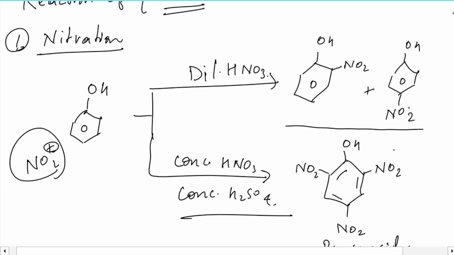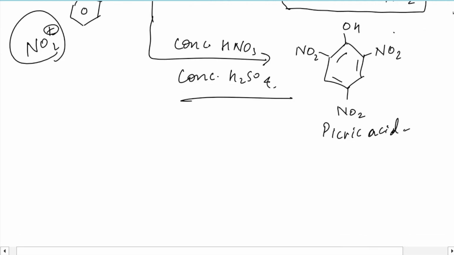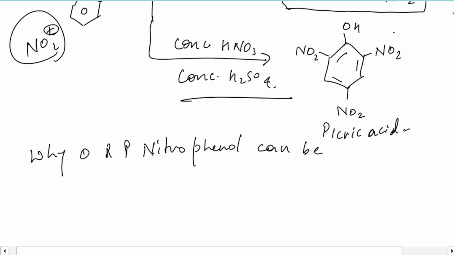how can you separate ortho and para isomers? Why ortho and para nitrophenol can be separated by steam distillation?